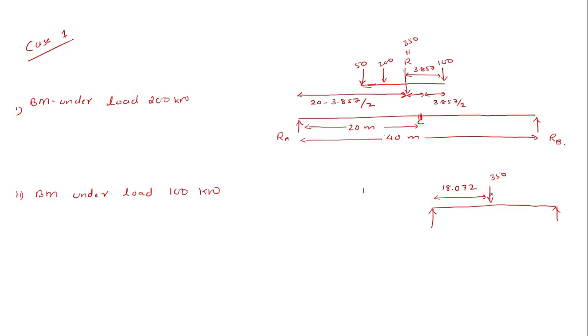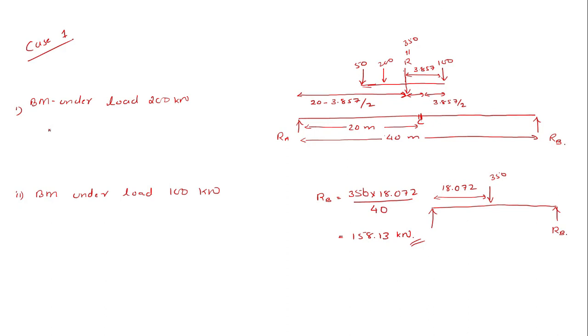Finding any one of these is sufficient, so I'll find the value of RB. RB is equal to 350 into 18.072 whole divided by 40, which will give me 158.13 kilonewton. That is how I find RB.